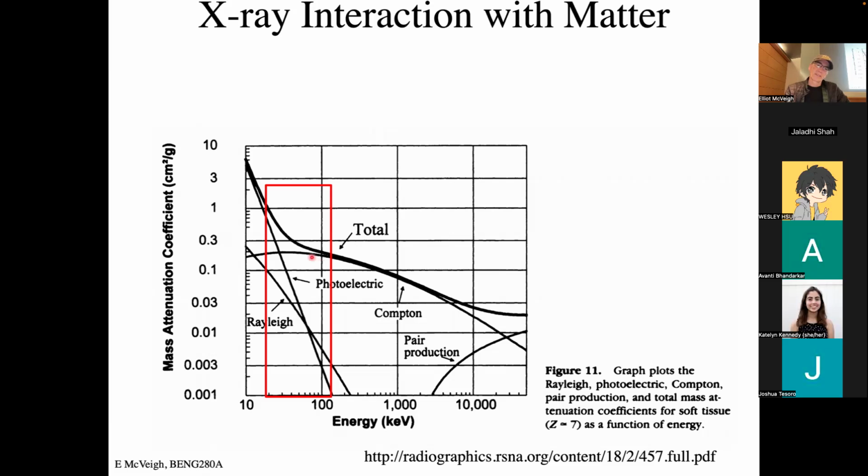So a high mass attenuation coefficient means a lot of X-rays get absorbed. A low mass attenuation coefficient means the X-rays pass through more easily. And we are interested in X-rays that have an energy here between, say, 20 keV and 120 or 140 keV. Somewhere in that range is what we're interested in for X-ray imaging.